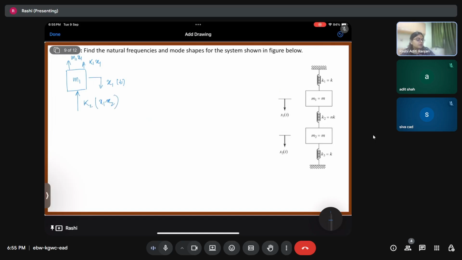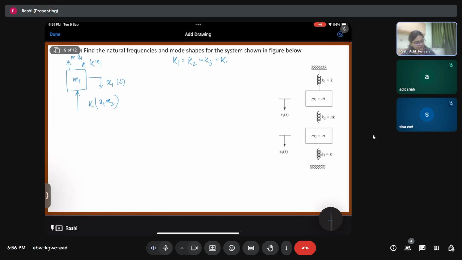For now, we can consider k1 equals k2 equals k3 equals k. So just replace this.